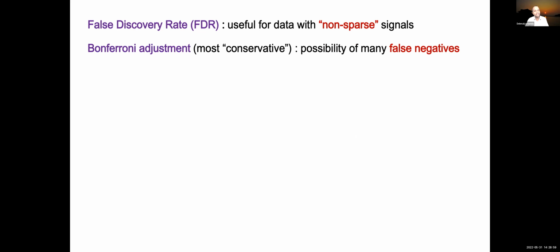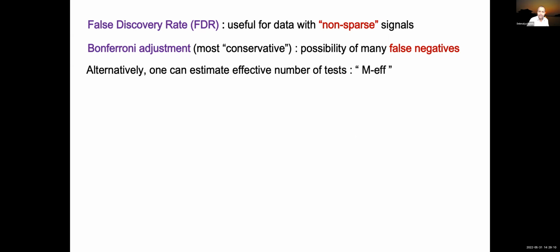But as we know, that's the most conservative adjustment because it assumes all the tests that we perform are mutually independent. So there is a possibility of many false negatives there. Alternatively, another way to approach is to estimate the effective number of tests instead, which we call M effective in this talk. This could be achieved by performing an eigenanalysis of the features' correlation matrix.